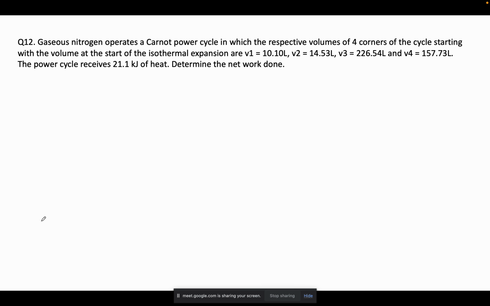Okay, we already know how the PV diagram looks, but whenever these values are given, we just have to draw these two cycles, isn't it? So we have already done these things.